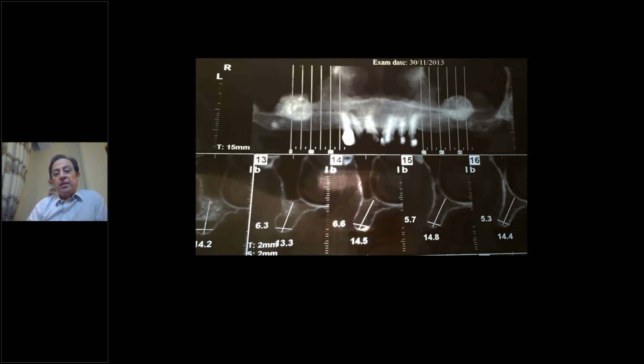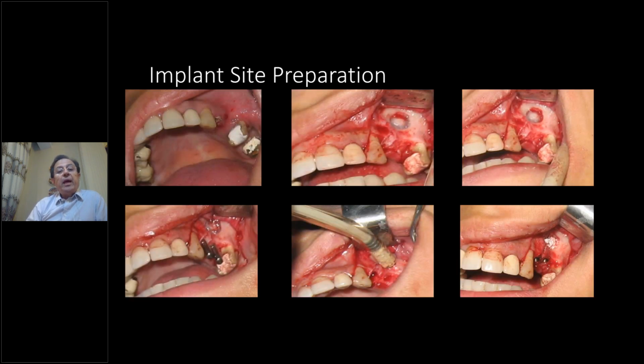In a case of sinus lifting where we like to put the implants at the same time, after the elevation of the membrane we must prepare the implant socket, and after the preparation of the implant socket, we must fill the sinus.